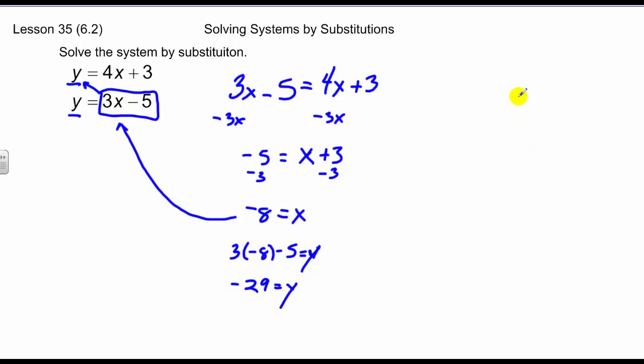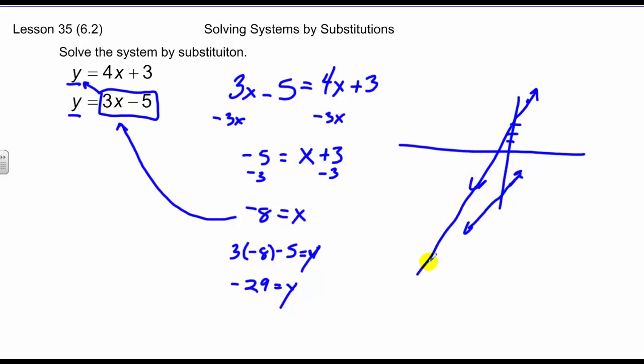If we were to just do a quick random sketch of these two graphs, up 4 over 1 puts me somewhere around here. And if I go down 5 and up 3 over 1, puts me somewhere around here. If I were to draw these graphs, eventually, somewhere way the heck down here, they intersect.